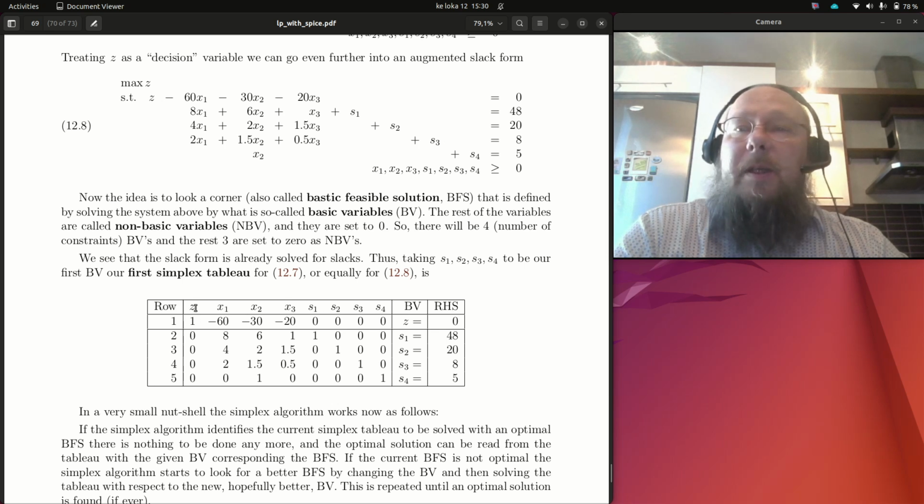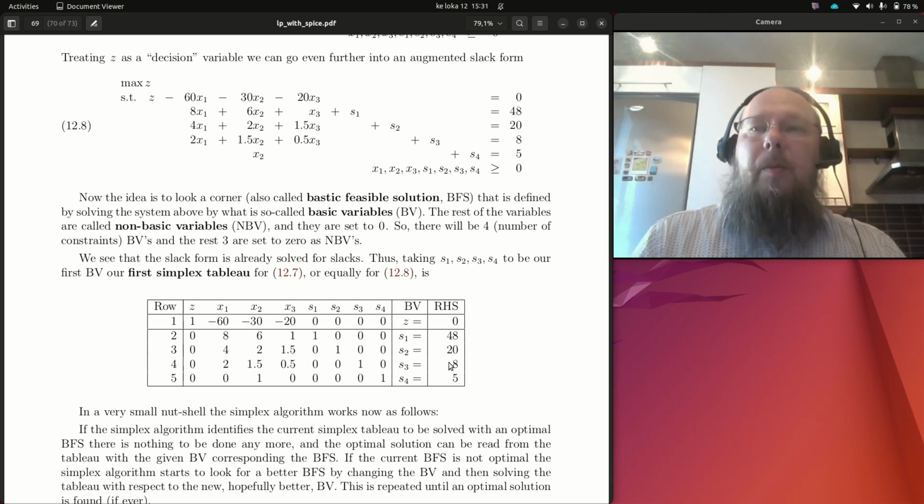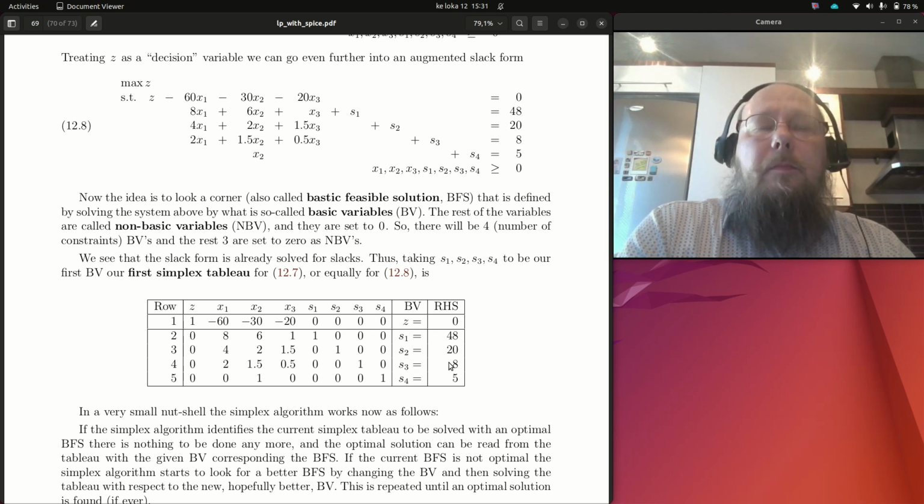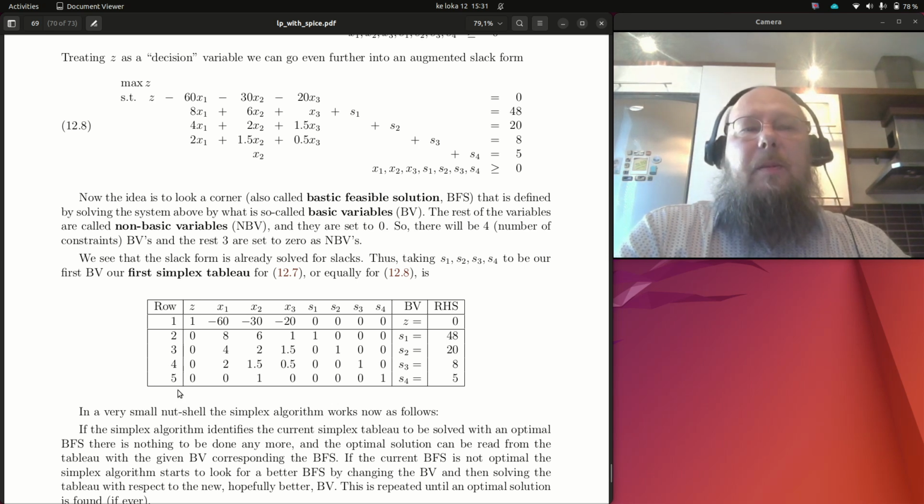The first column is the objective function z, the second column is the first decision x1, the third column is the second decision x2, then x3, we have three decision variables, and then I have the slacks there. The right hand side is what we have here. The sign constraints are omitted in this table, but they are implicitly assumed to be always present. The row numbers here are just so I can refer to them; they are not as such part of the table.